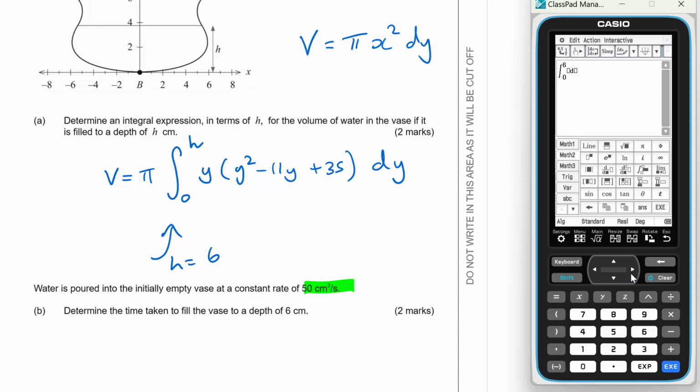And it's going to be y, open bracket, y squared minus 11y plus 35, close the bracket, and that is going to be with respect to y.